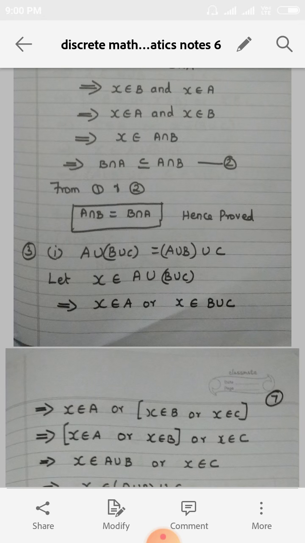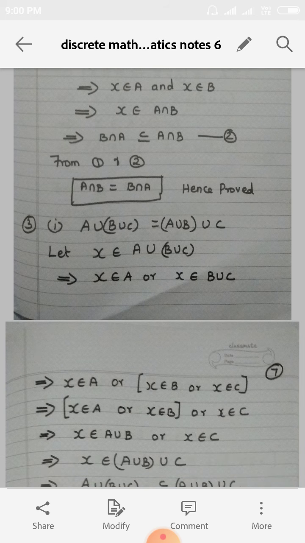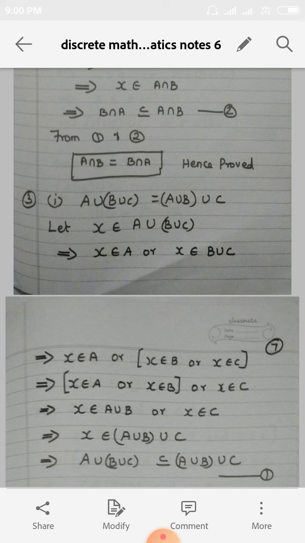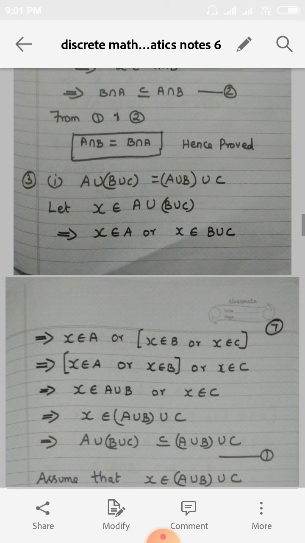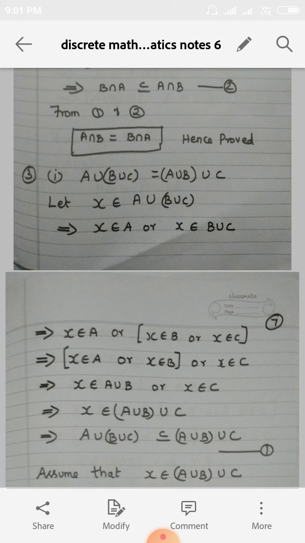Now the third one. A union of B union C is equal to A union B union C. We have to prove this union case. First take the left hand side. What is the left hand side? A union of B union C. This implies X belongs to A union of B union C. So union can be written as OR.